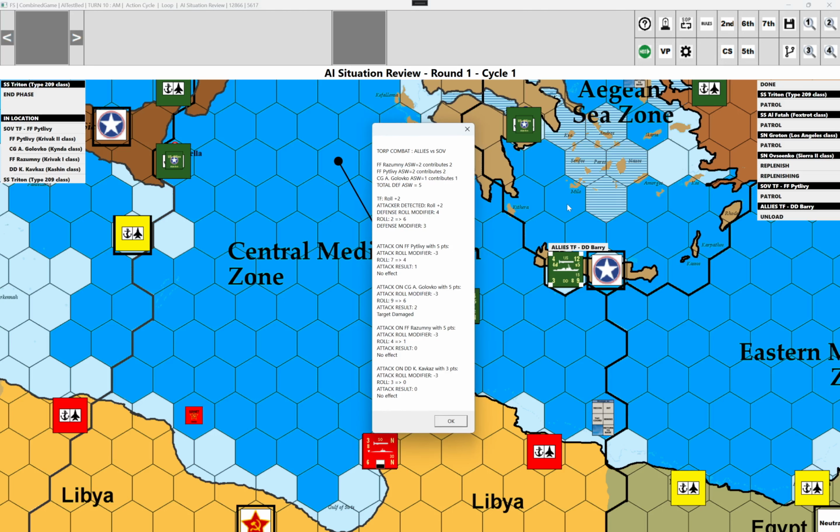Torp combat, Allies versus Soviets. So for some reason, 5553. So that's 18 points. So that must be the Greek sub, and randomly it decided to attack 4 targets, which actually I don't think it can. I'll have to look at that. It should only be able to attack, I think, max 2 targets, right?